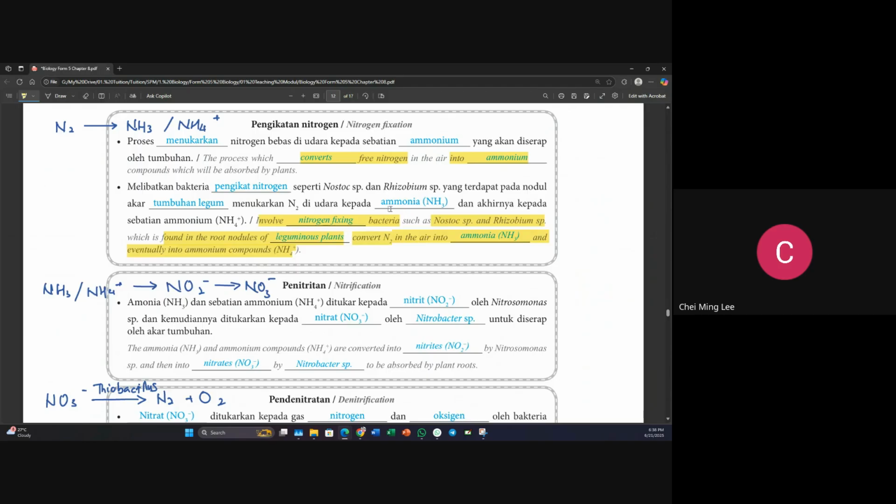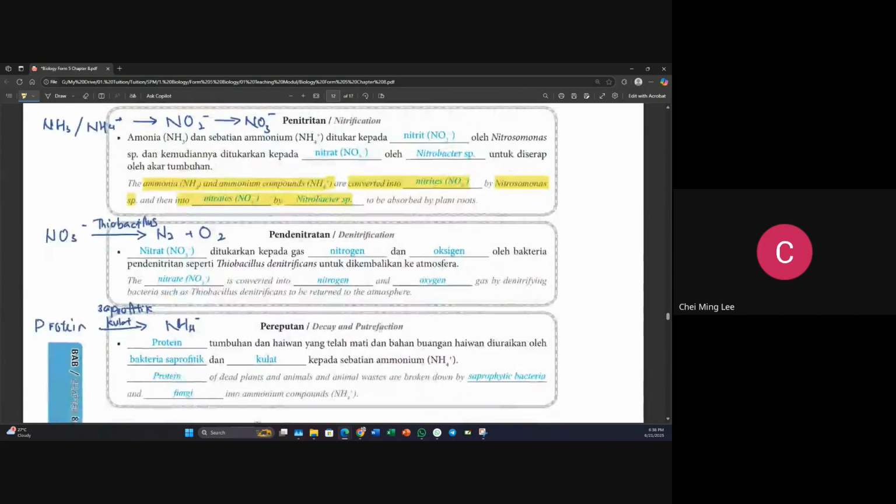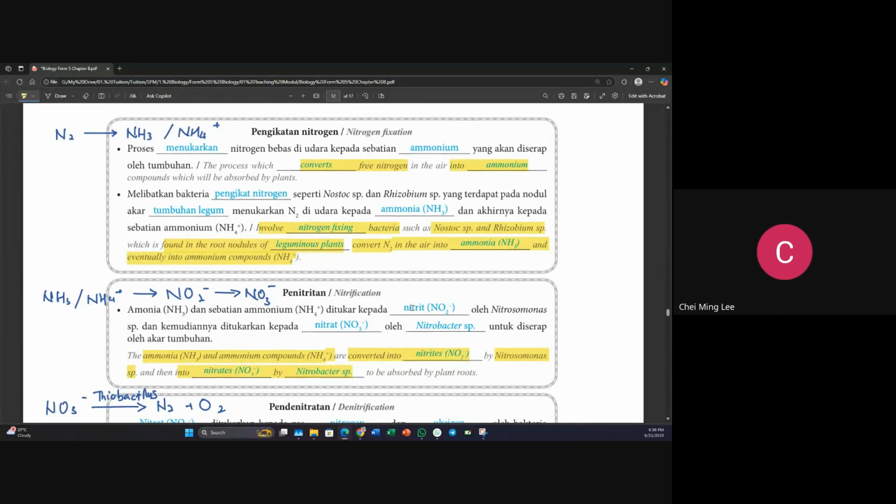Then next, the nitrification process. In nitrification, the ammonia and ammonium compounds are converted into nitrite by Nitrosomonas species and then into nitrate by the Nitrobacter species. So the nitrification process creates nitrate.